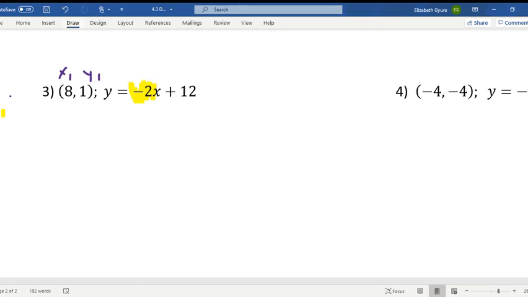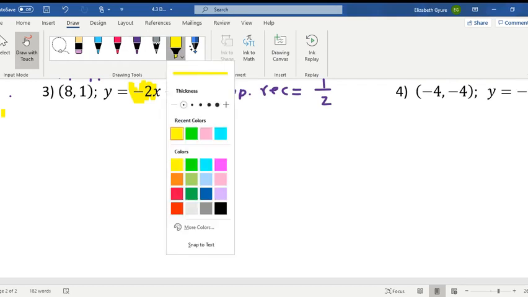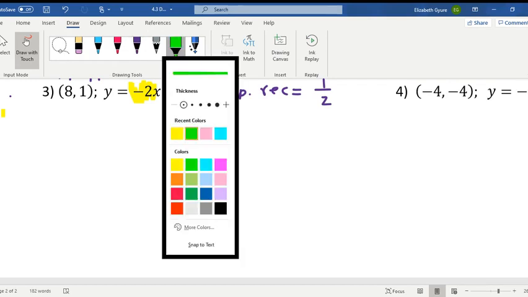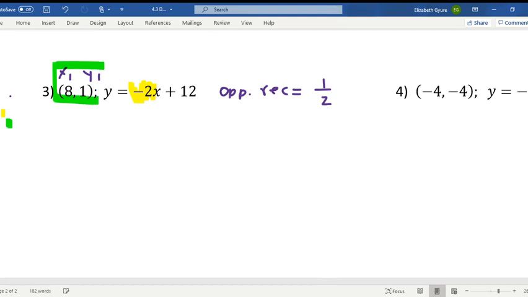1/2, exactly. So our new slope, our opposite reciprocal slope, would be positive 1/2, because the opposite of a negative is a positive. And if you flip 2 around, it becomes 1/2. Does that part make sense, Alex? Yeah, okay. So now we're going to take our point and our slope and plug it into the point slope formula, which I think you weren't here when we did that on Tuesday, so it's probably a little confusing.